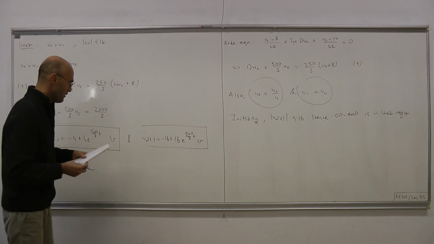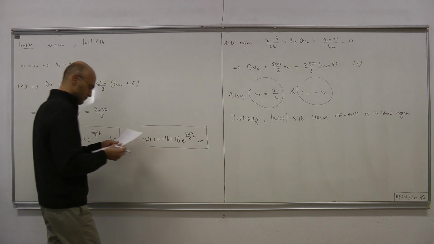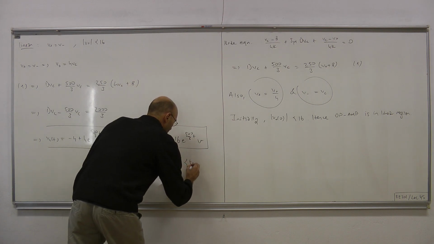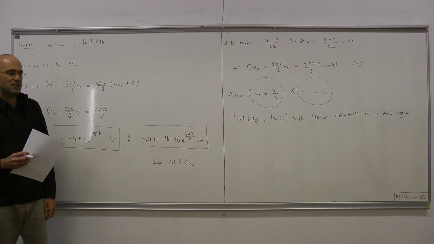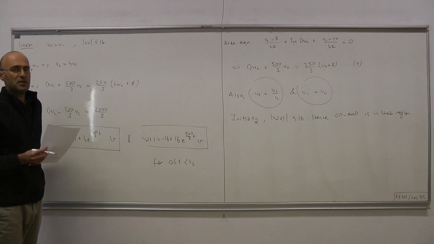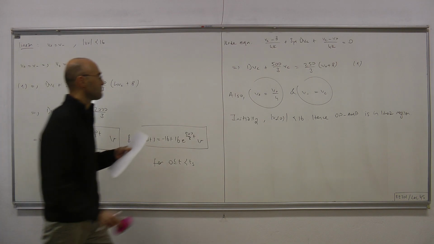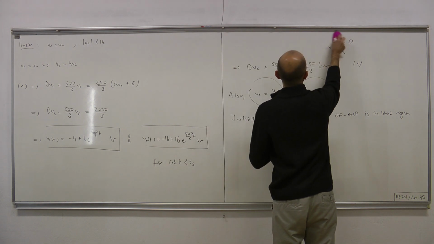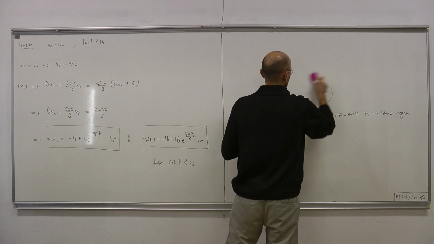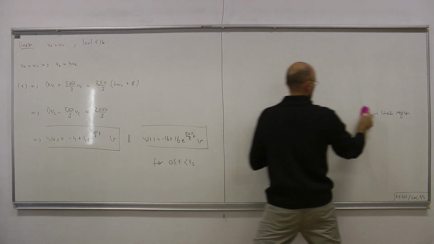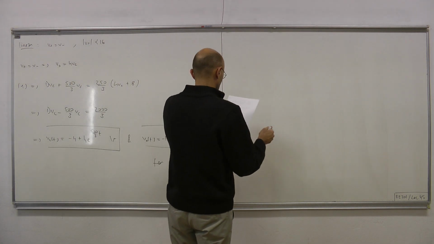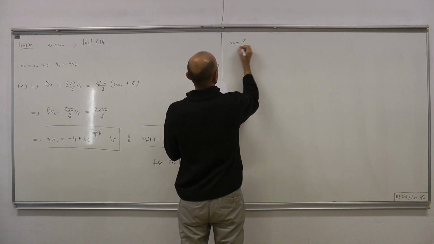So therefore these two equations hold for time between 0 and Ts, and Ts is the time at which op-amp leaves linear region, and that we have to figure out. Okay. What's Ts?